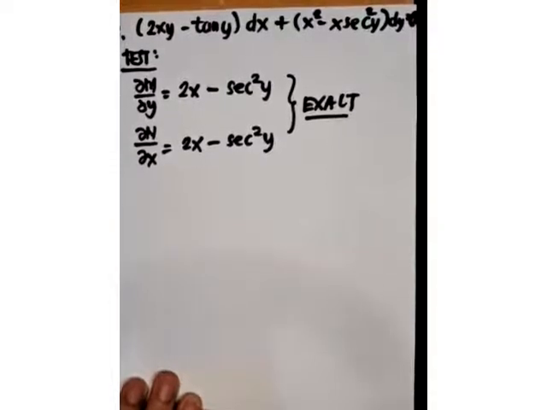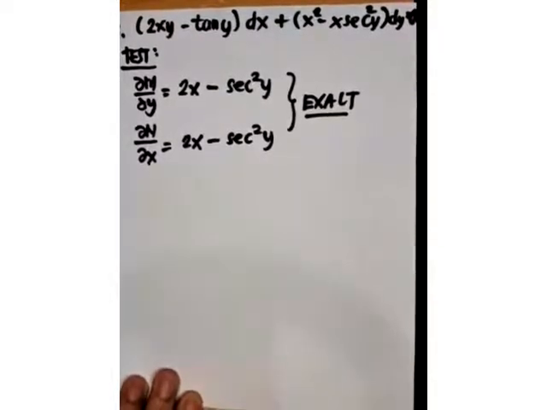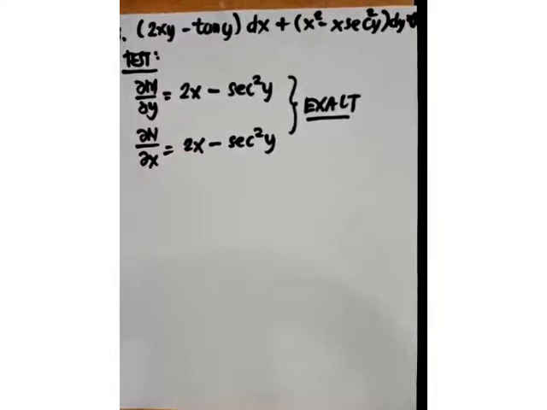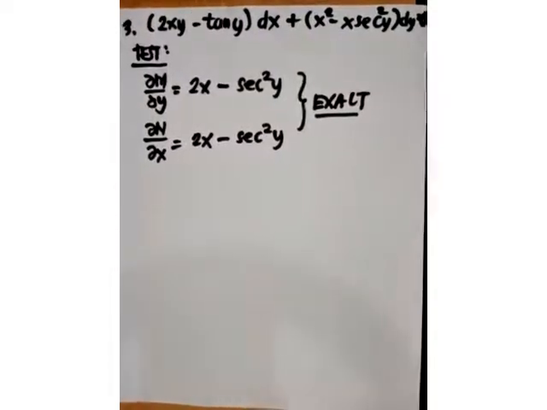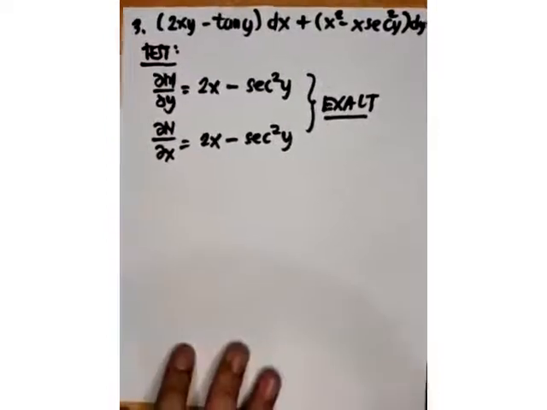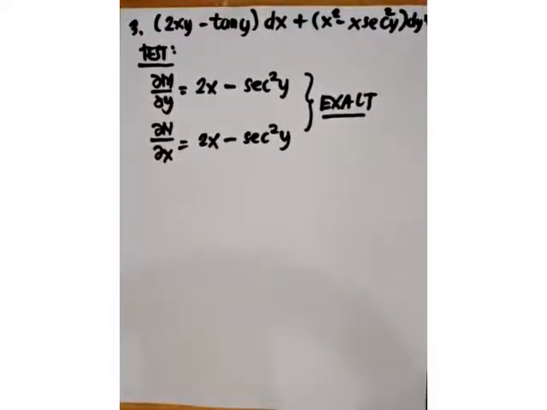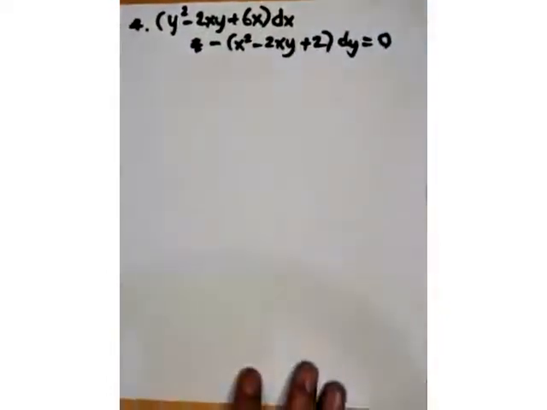So for those who did not respond and those who made mistakes, did you get our example? Did you get how I solved it, and how it became exact? Okay, so let's proceed to the next example. We'll leave that. Next one.